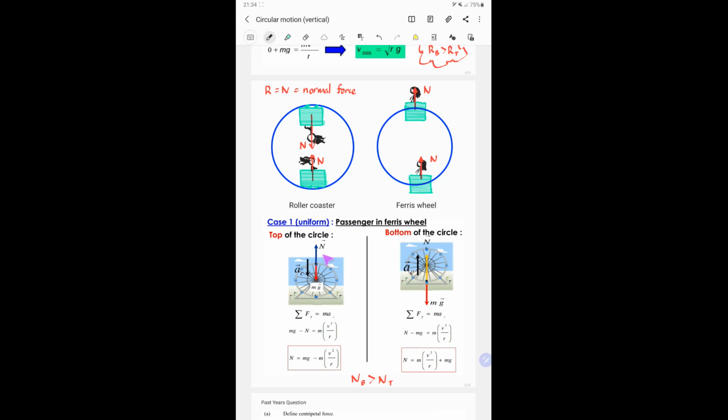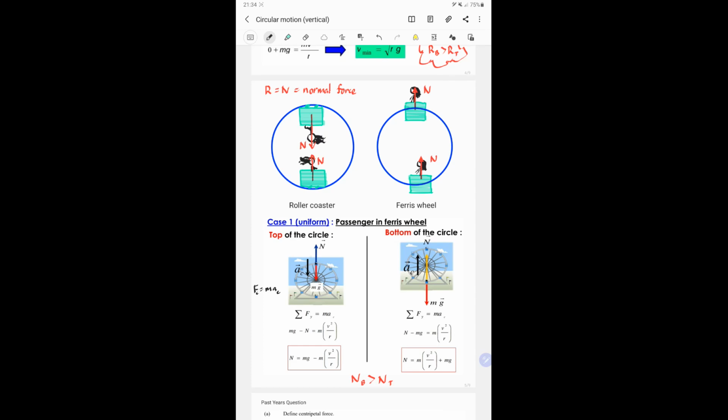Don't forget that at this position, FC is always towards the center, isn't it? So this is FC. Because FC and AC are directly proportional. How do we know? From the equation F equals MA, so FC equals MAC.